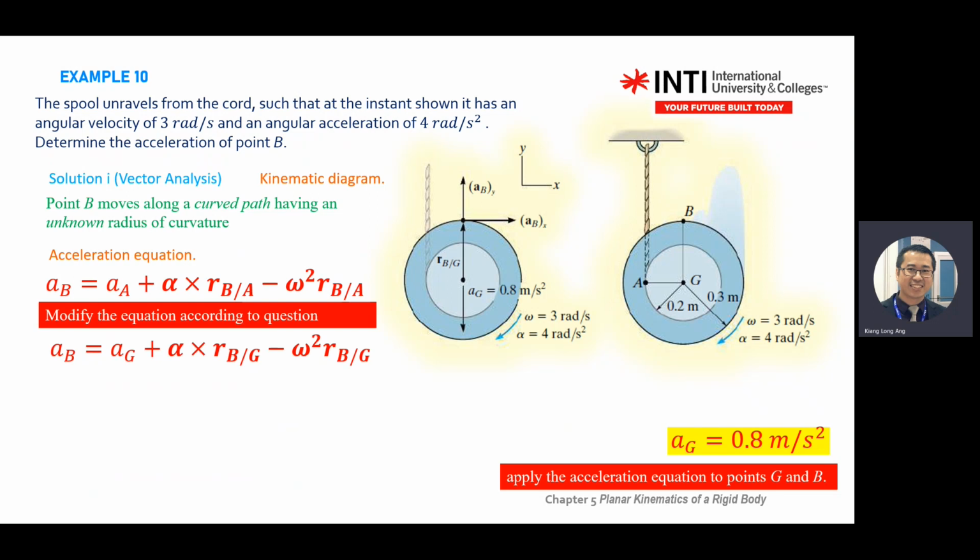The previous A, you change to G. Then you split because we are using vector analysis. So AB, you split to i and j. Because you don't know the direction, you just split to x and y. Then AG, you know, goes down.